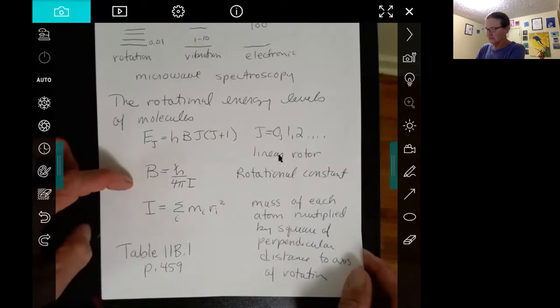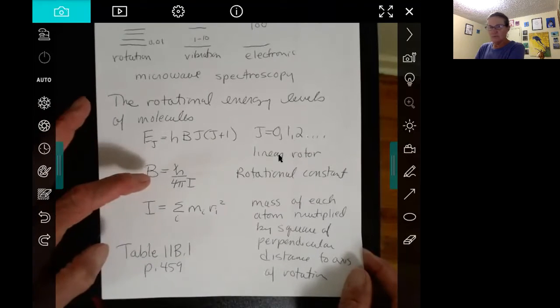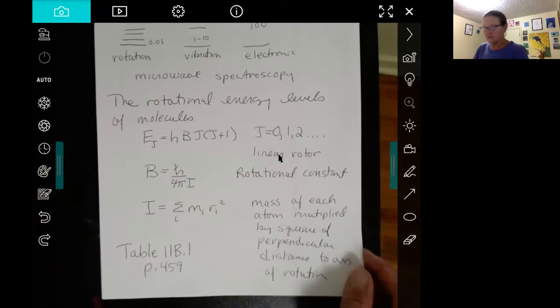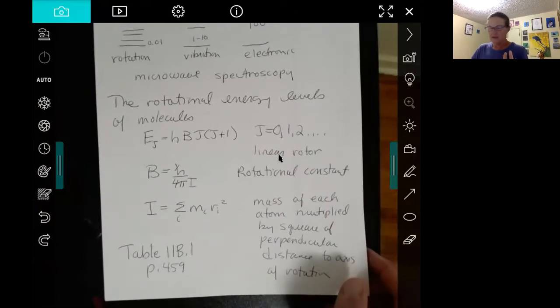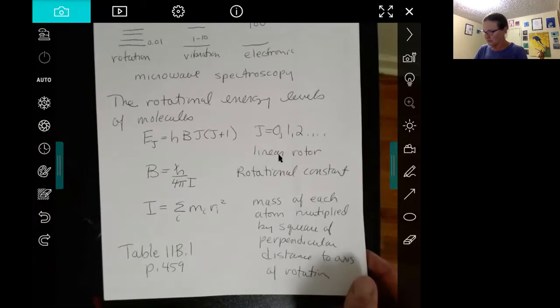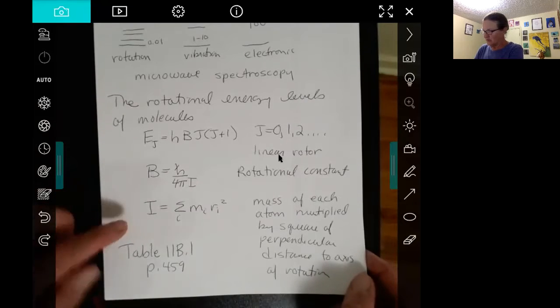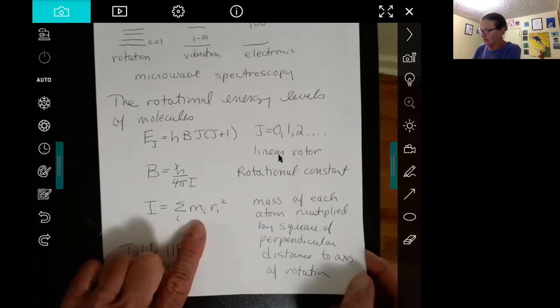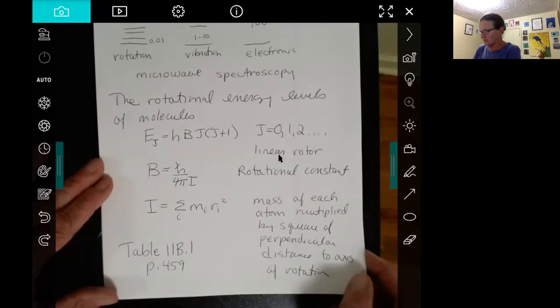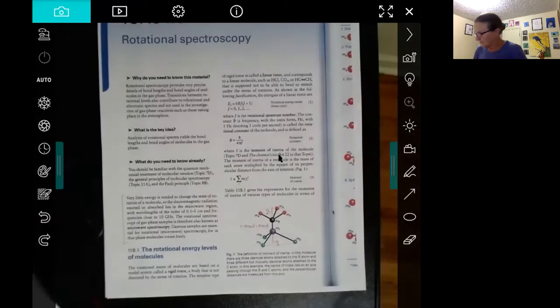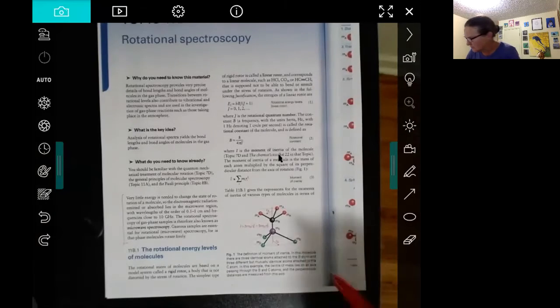This rotational constant is equal to h bar over 4 pi times the moment of inertia. And the moment of inertia is where we have the information about what molecule we're dealing with. For the moment of inertia, you sum up all the masses that are rotating times their perpendicular distance from the axis that they're rotating squared. When you look at this picture, it's a pretty good picture.